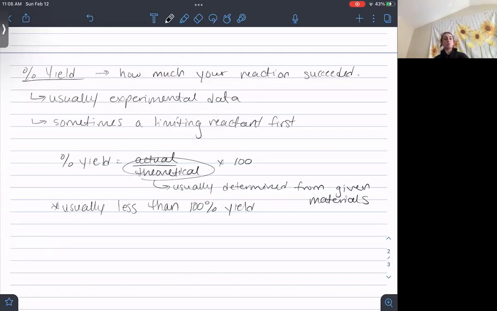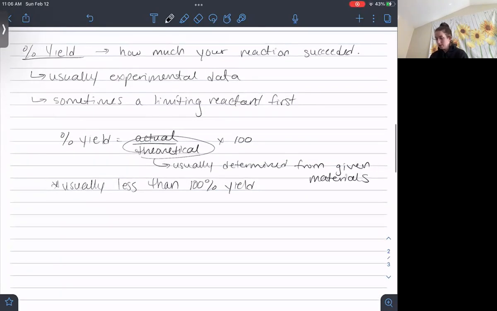So our theoretical is what we expect to see, and our actual is what we got in lab or what we observe in lab.